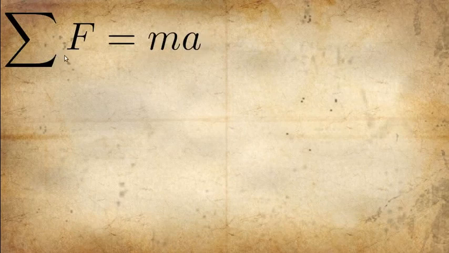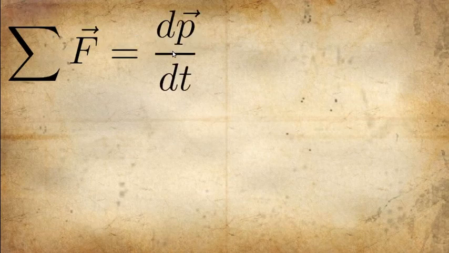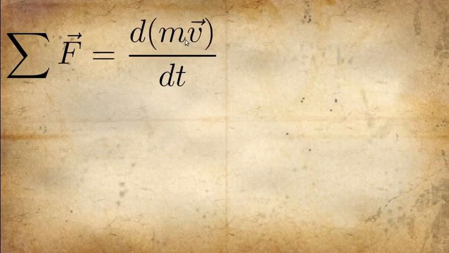When he first laid out the statement of what is now called Newton's second law, he said not F equals ma, but the net force on an object is equal to the rate of change of its momentum, p. Now, to review what momentum is, it's simply the product of mass and velocity.